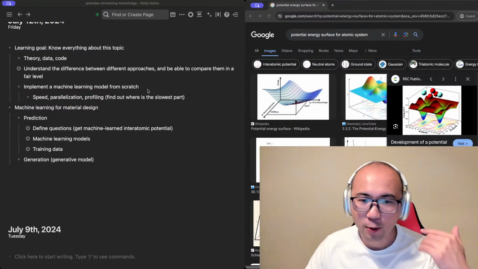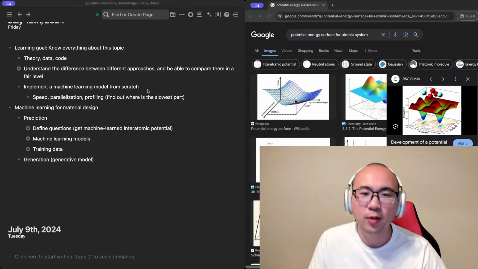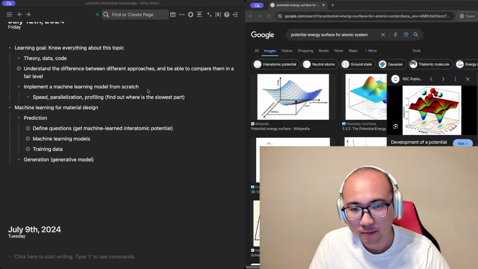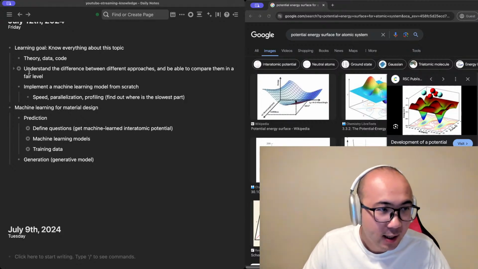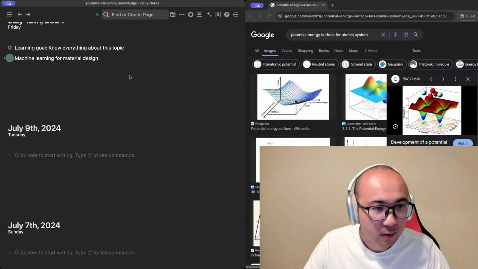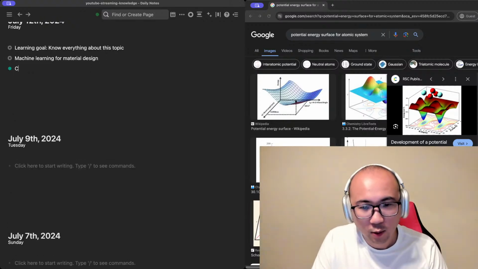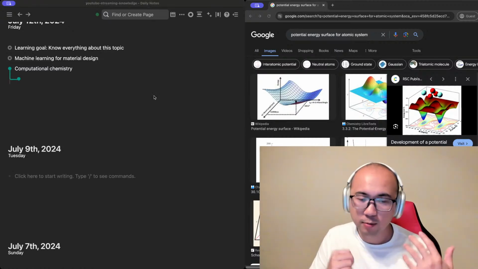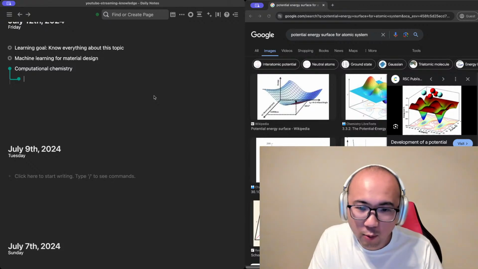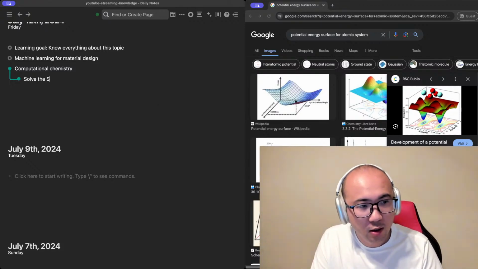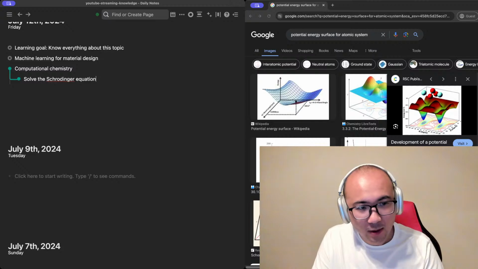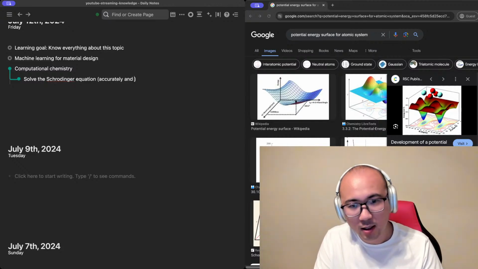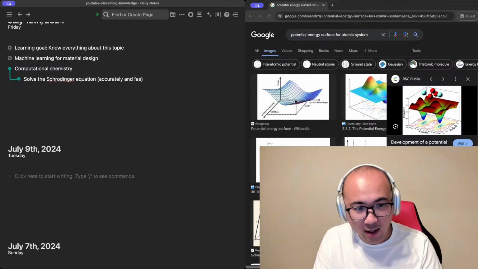So basically, we're trying to build this kind of research platform, because what we're doing is computational chemistry. That basically means we want to solve the Schrodinger equation, and we want to solve it accurately and fast.